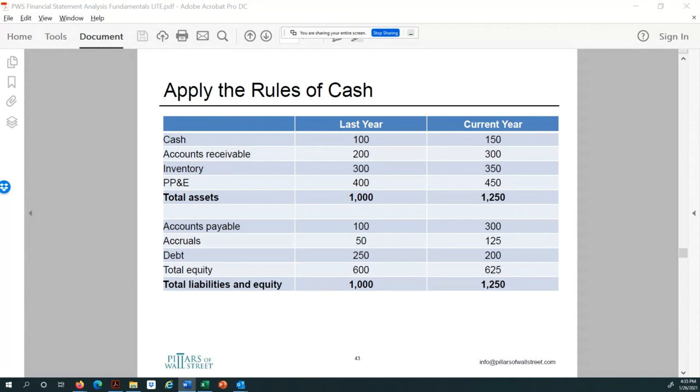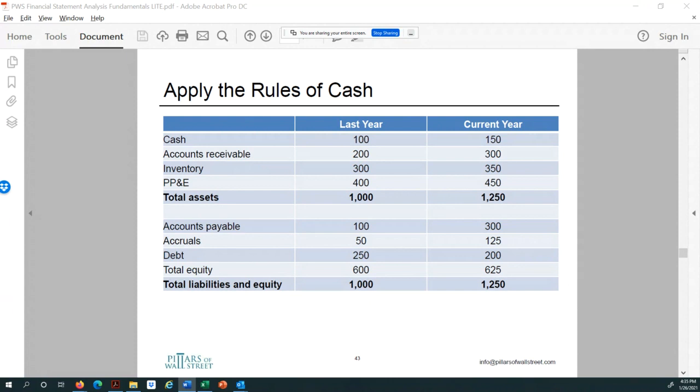For an asset, you want to take last year minus current year, because that gives you the inverse of the change, which adds cash to a cash flow statement. Yep, exactly. Last year minus this year.